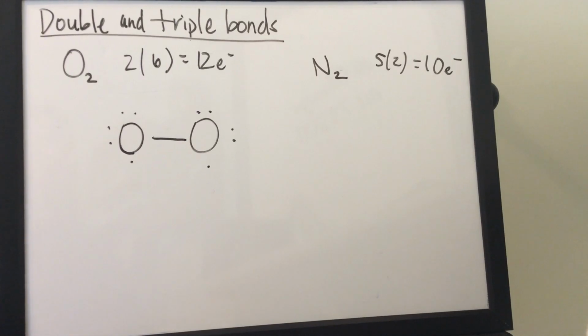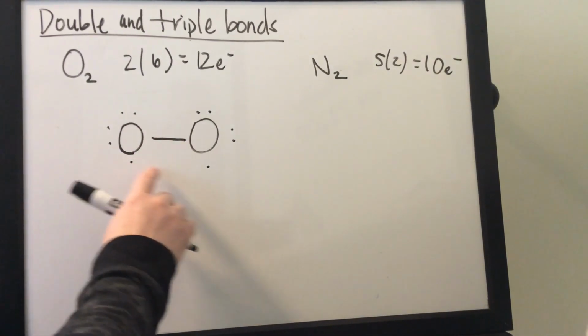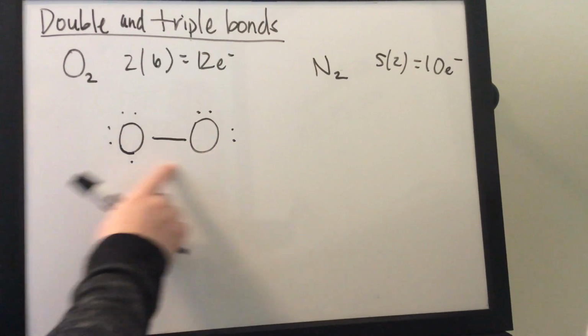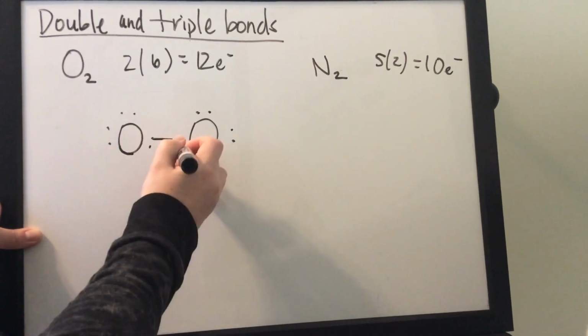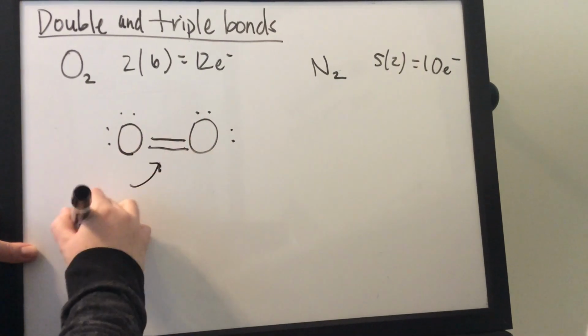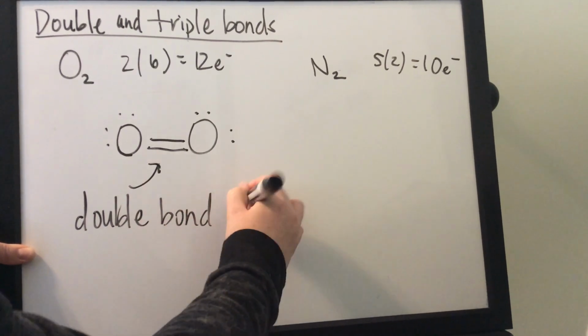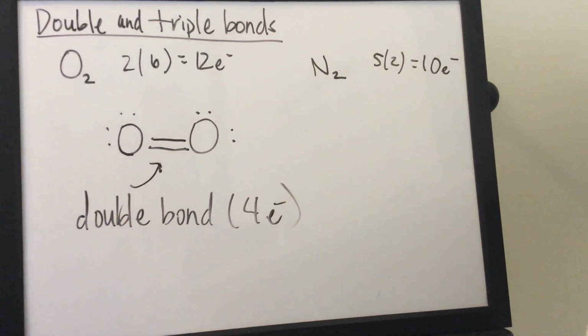So in this case, I have to take these oxygens and make them share more than 2 electrons. So I'm going to make them share this electron and turn it into another bond, which you might guess is called a double bond. It's made of 4 electrons.